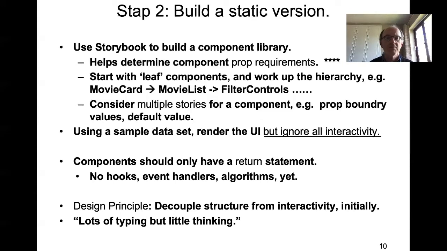So you would still be using create React app, for example, at this stage. Once you've done some Storybook coding, you would bring in create React app and get it to assemble the components together to display the entire UI view, if you like. But it's still a static UI.